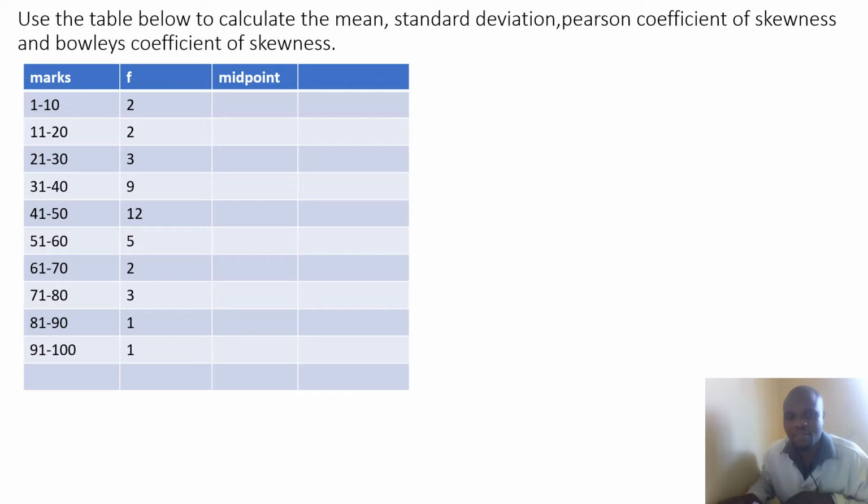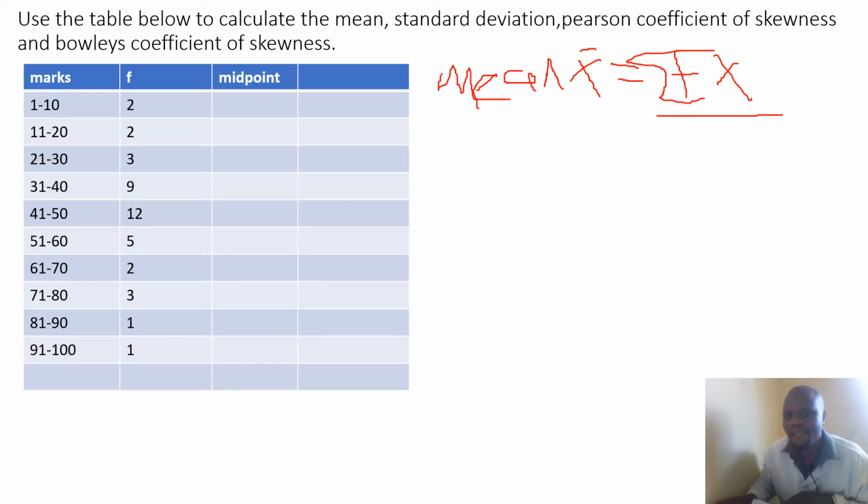Our mean, which we can abbreviate as x bar, will be given, for the case of grouped data, by the summation of f x divided by the summation of f.